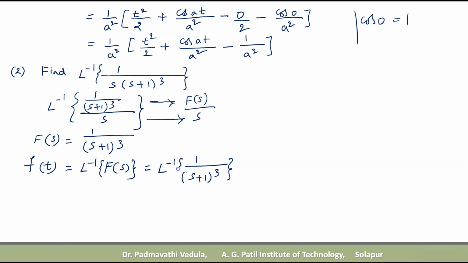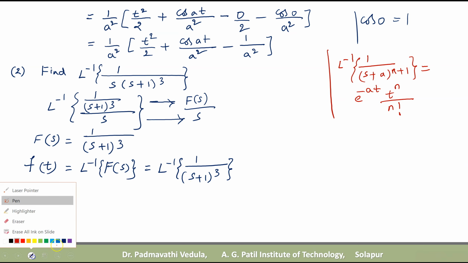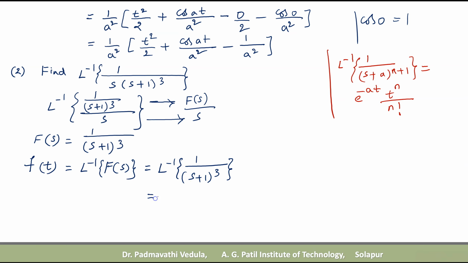Now to get the inverse Laplace transform of this, we apply this formula: L inverse of 1 by s plus a whole raised to n plus 1 equals e power minus at into t power n by n factorial. Apply this formula to get the inverse Laplace of this expression. According to this, here e power minus t. Compare this, in the place of a you get 1.